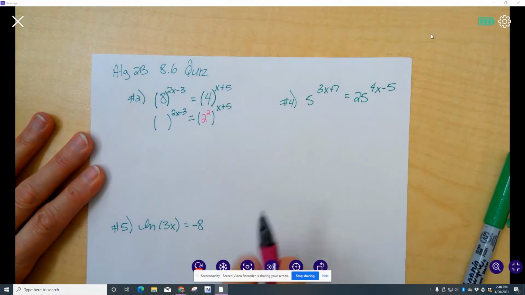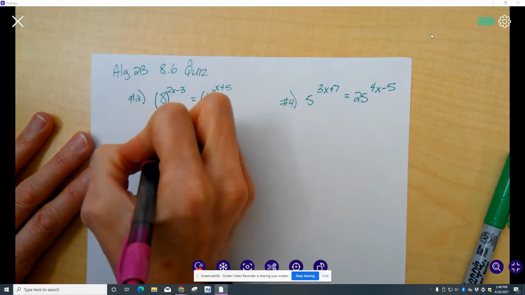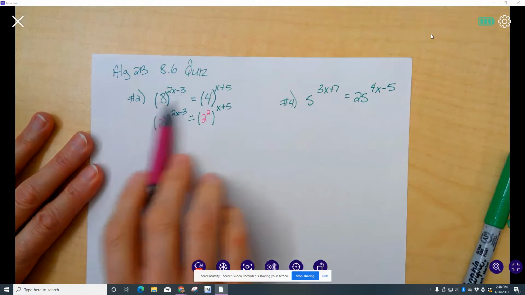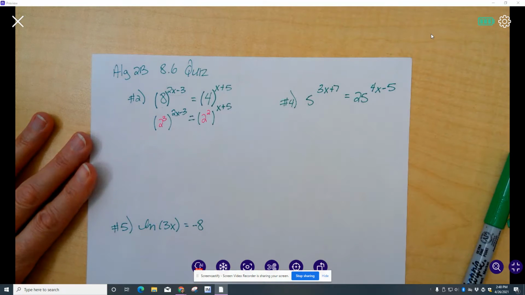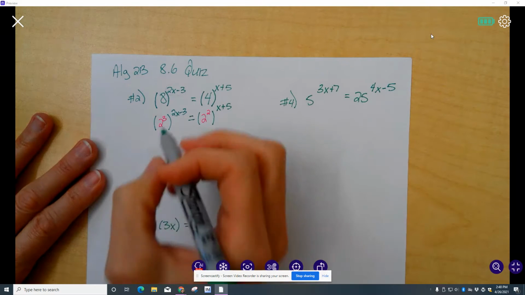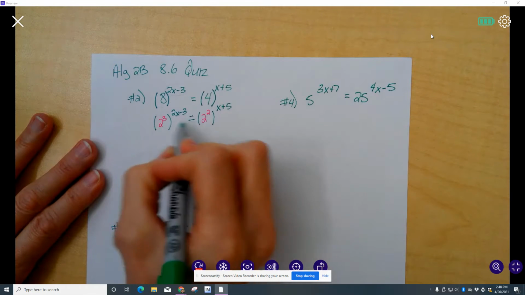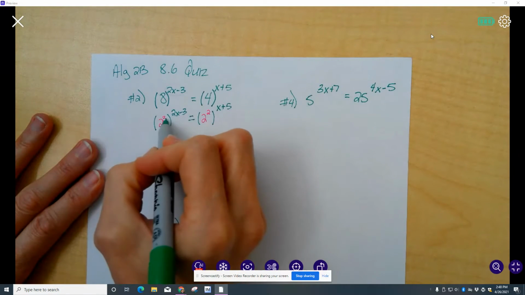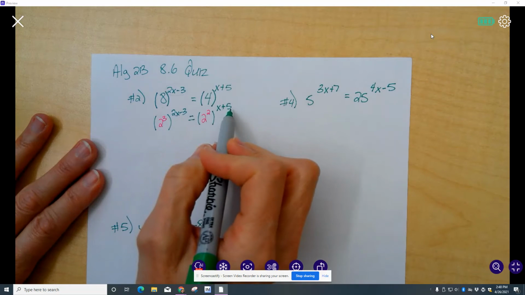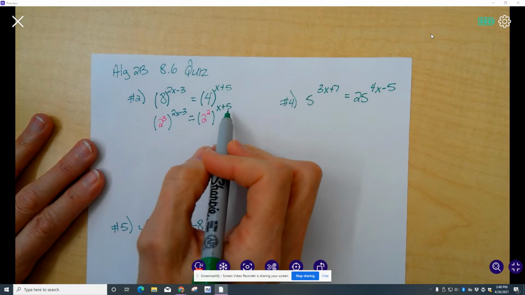So now I'm going to rewrite 8 as 2 to the third power. So this equation and this equation are exactly the same. They're just written in a different form. But now you can see I have the same base. So I can set my exponents equal to each other. But before I do that, I have to remember my exponent rules.